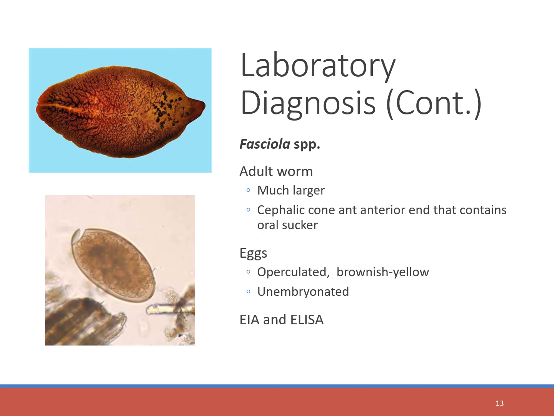The eggs do not have those little protrusions around the operculum. They give a brownish-red color, and you don't have that little knob on the end either.